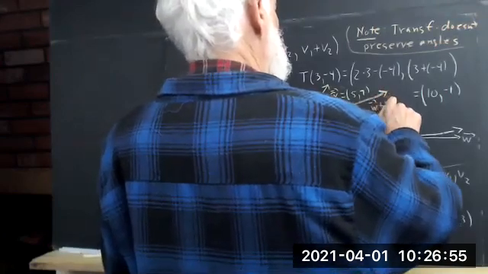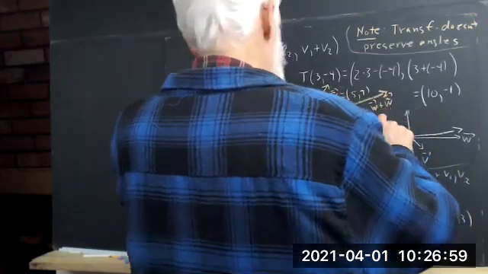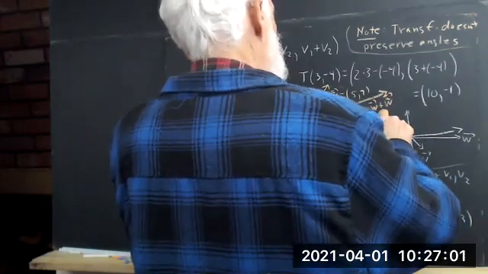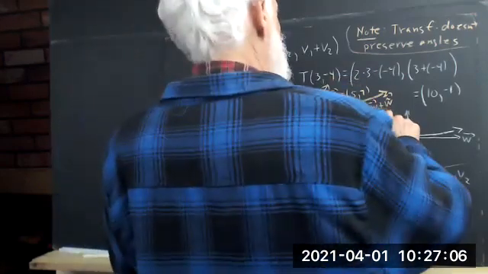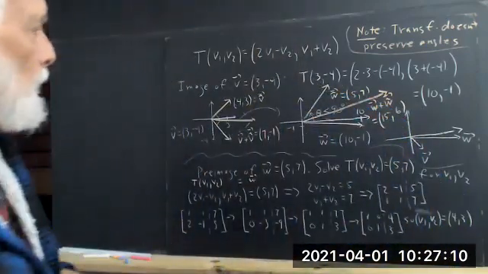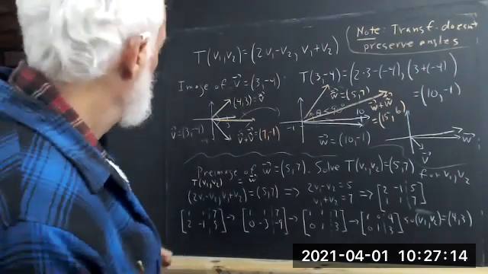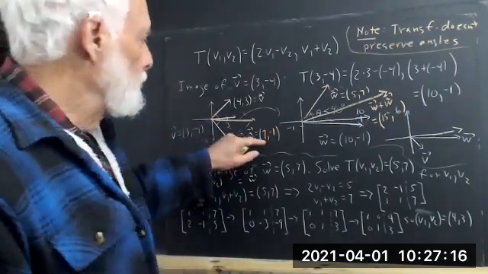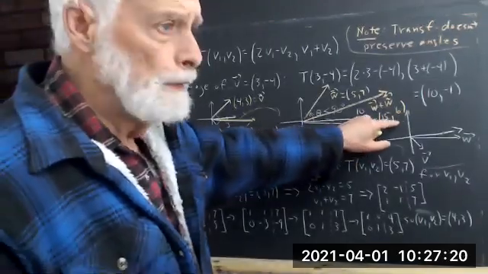W plus W hat equals, well, 15, 6. Okay, now my question is, if I now transform 7, -1, do I get the vector 15, 6?